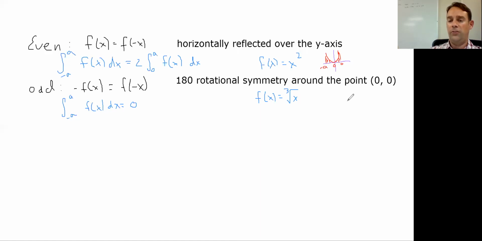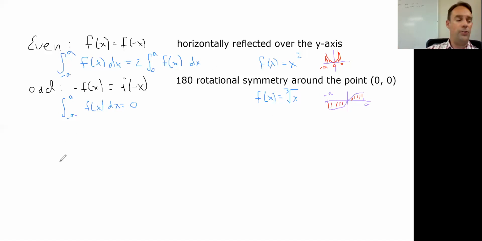If it is rotational symmetry, let's look at what this one looks like. The cube root function comes up here, but notice on the other side it goes down. So all the positive area, or positive displacement, from 0 to a would have the same negative amount below it. When you add those up, they're additive inverses of each other, therefore they equal 0.